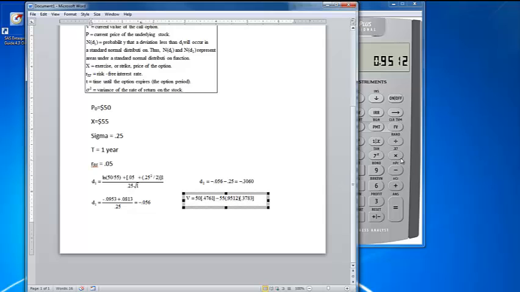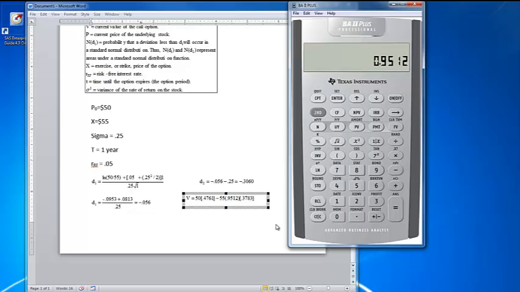Okay. So after I do all that, I can determine the value of the option, which would be $50 multiplied by a probability 0.4761. Let's store that. Then I'm going to calculate the second argument, 55, multiplied by 0.9512, multiplied by 0.3783.